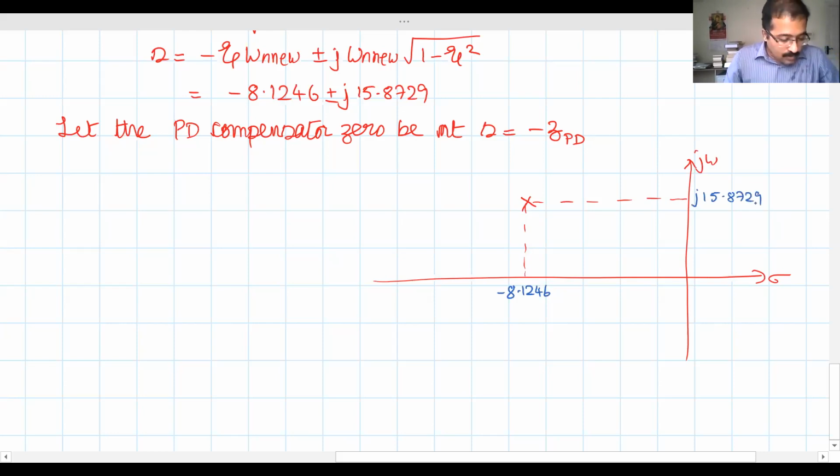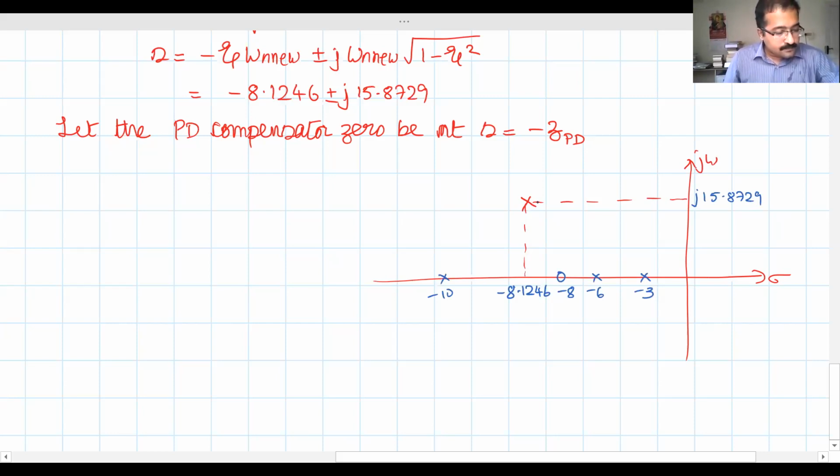Where were the open loop poles? Our open loop poles were at minus 3, minus 6 and minus 10. And we have an open loop zero at minus 8. Okay. Now what next? We have to calculate how much is the net angle at this particular desired dominant pole.